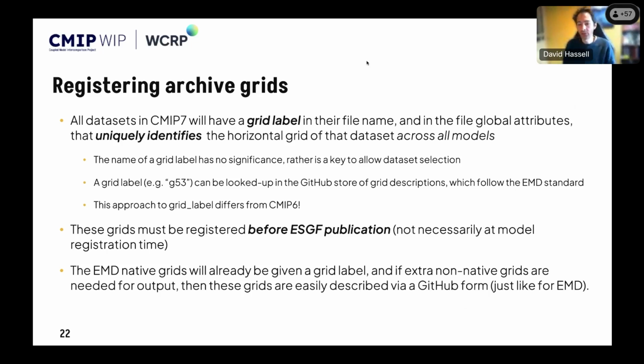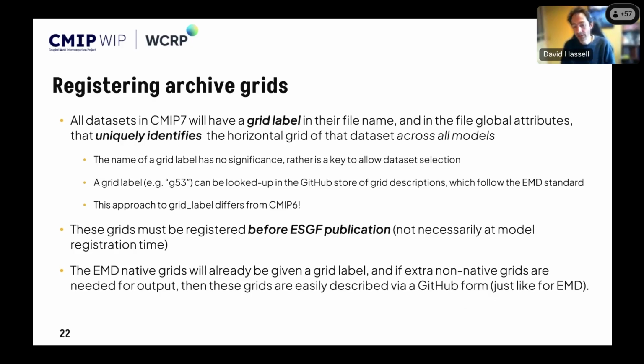In order to publish your data to ESGF, you need to know what grid it's on so that you can have the correct grid label for the file names of your datasets. So any grids that you use must be registered before your ESGF publication time. But this doesn't have to be at model registration time, because publication is usually quite some time after registration for most people.